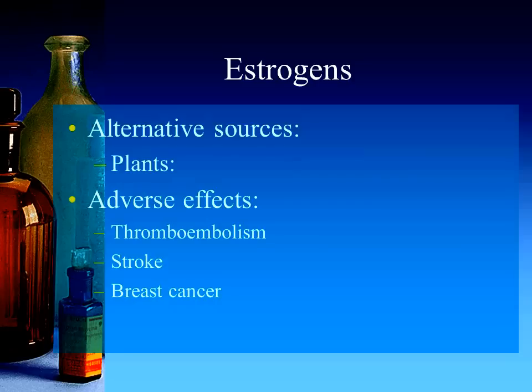Anything made with soy is a good source of phytoestrogen. Some studies have shown that soy added to the diet will decrease total cholesterol and LDL cholesterol too. So that's another alternative source of giving some estrogen without actually putting a chemical into the body.